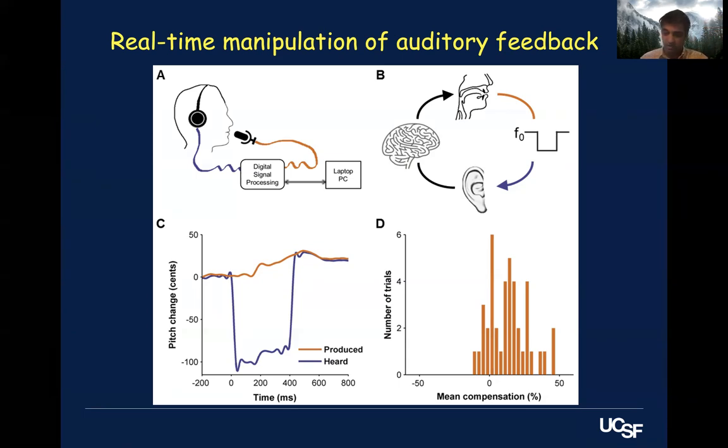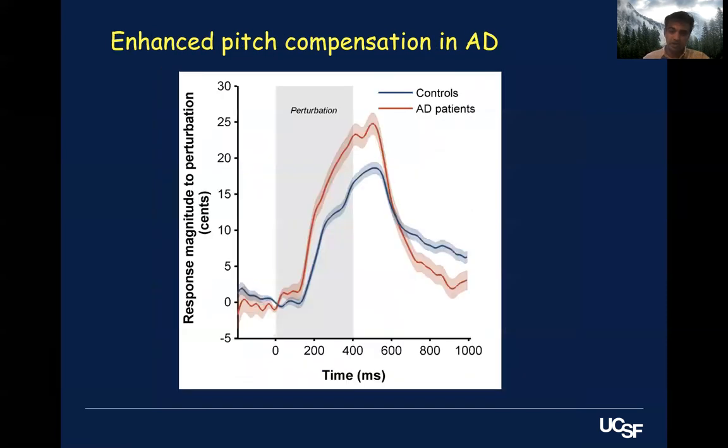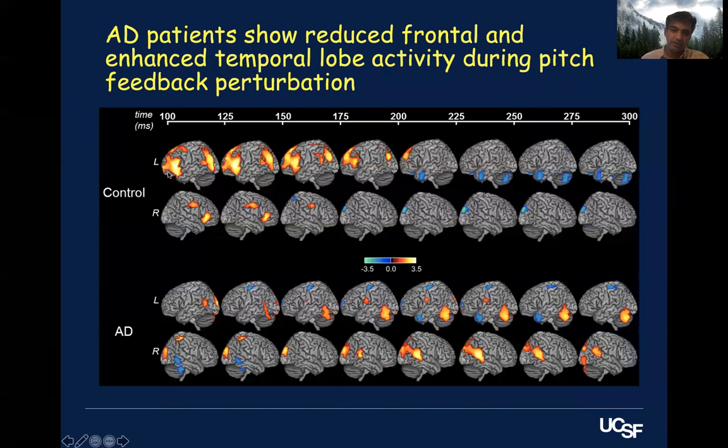Now we do this while we're measuring their brain activity, and so we can reconstruct this activity. And we show that patients with Alzheimer's disease actually have an elevated compensation in their pitch compared to controls. And when we look inside their brain, shown here at the top are control patients, and shown at the bottom are Alzheimer's disease patients.